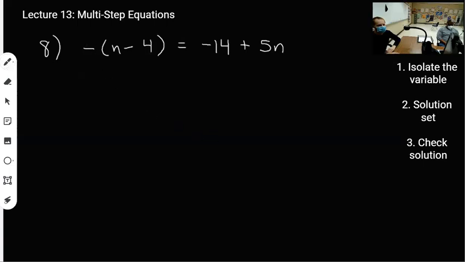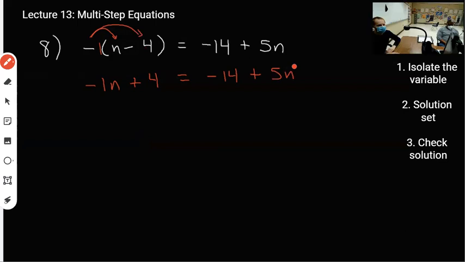What I can do is take that negative, which is really negative 1, and multiply it by everything on the inside. Negative 1 times n is going to give me negative 1n. And then negative 1 times negative 4 is going to give me a plus 4. And I'm going to keep everything on the other side the same for now.